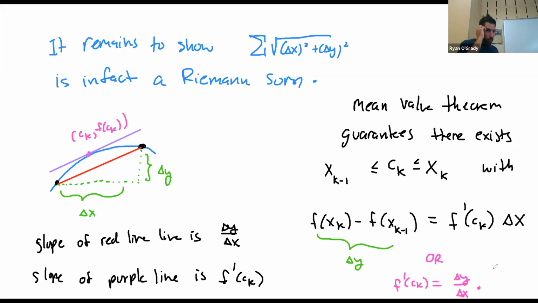So the one thing to note is that purple line and the red line have the same slope. That's what we're saying. And we're not just saying it because I drew it that way. We're saying it's theoretically true by the mean value theorem. Now, even if you don't remember what the mean value theorem says, that's okay. We've at least logically verified it in theory.